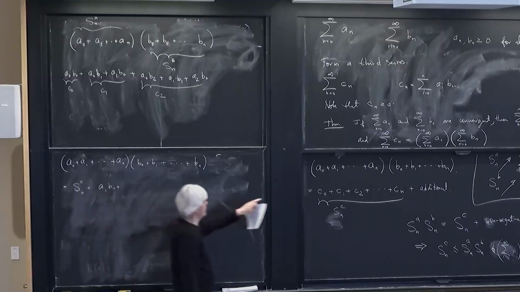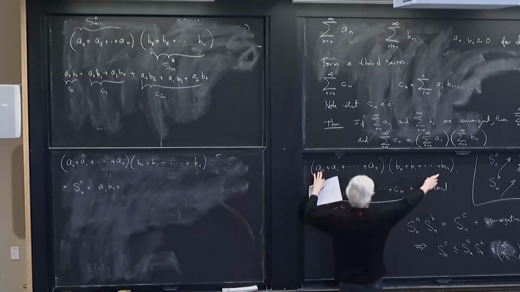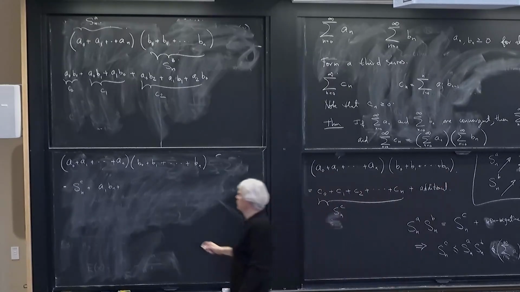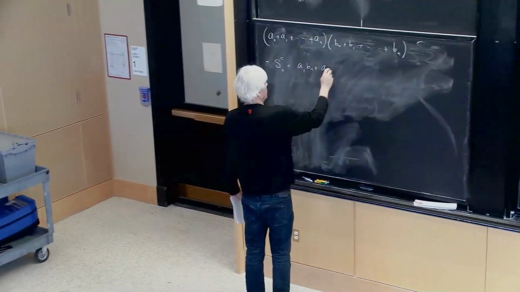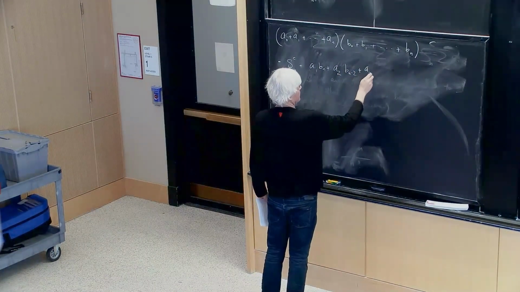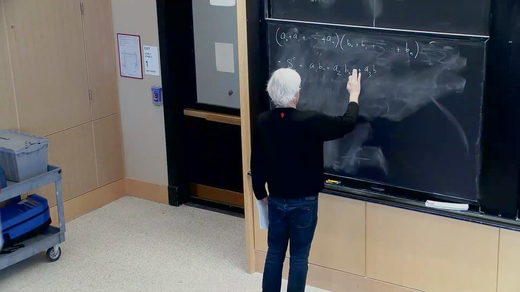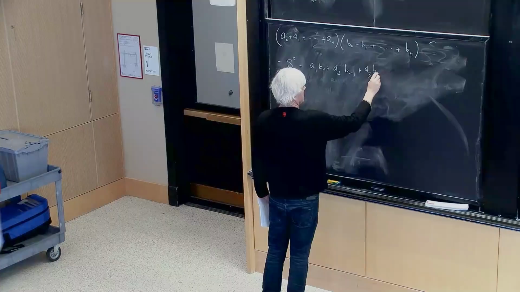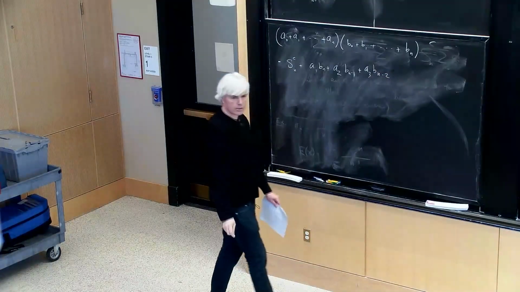This is coming from that one multiplied by this. You would also get an A2 Bn minus 1, an A3 Bn minus 2, etc., right?